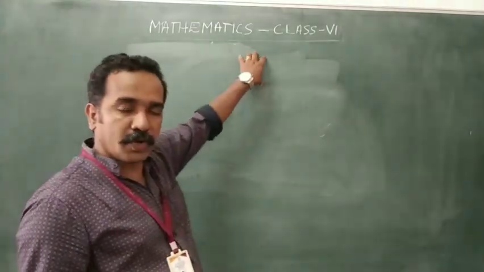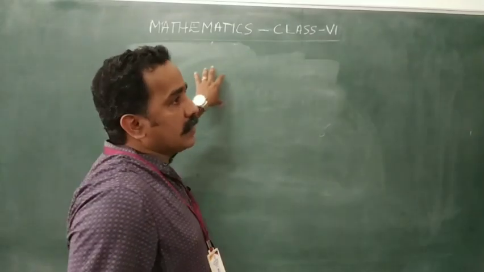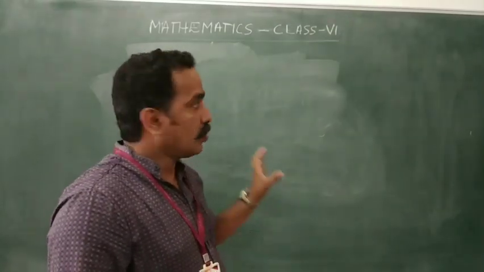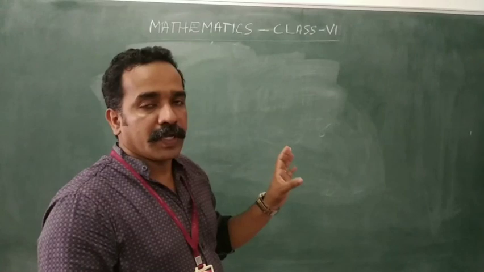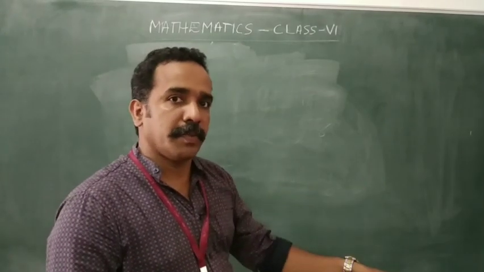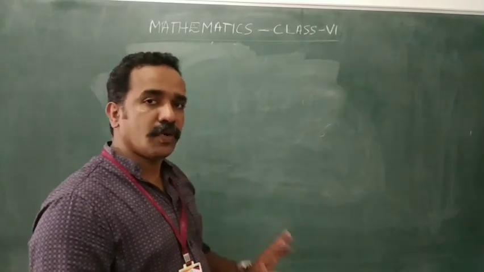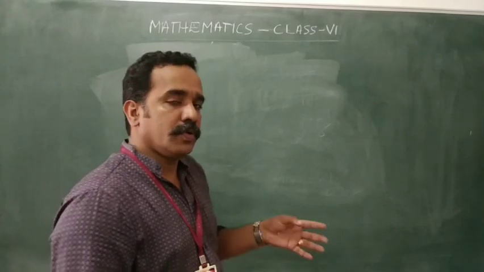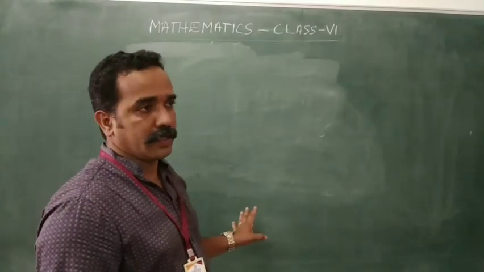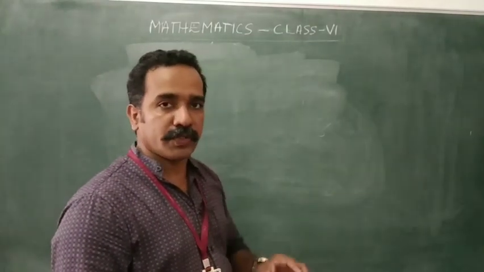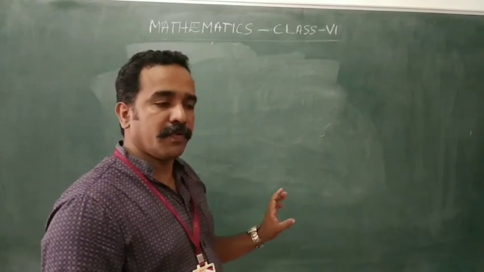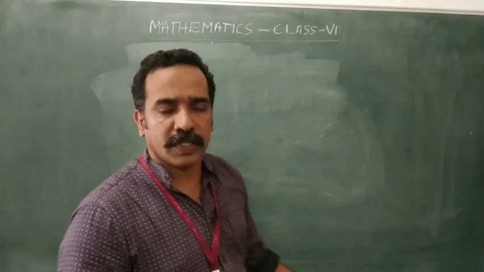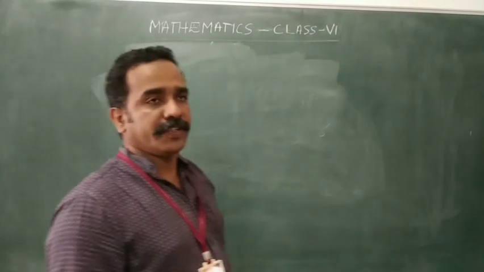So if a number is given, you can check first whether it is divisible by 2. If it is not divisible by 2, it is sure it is not divisible by 8. And you can check with 4 also. If it is not divisible by 4, then no need to go for the divisibility test by 8.